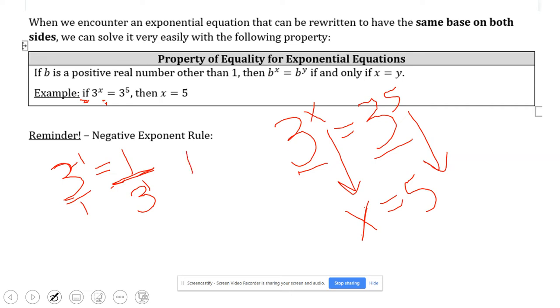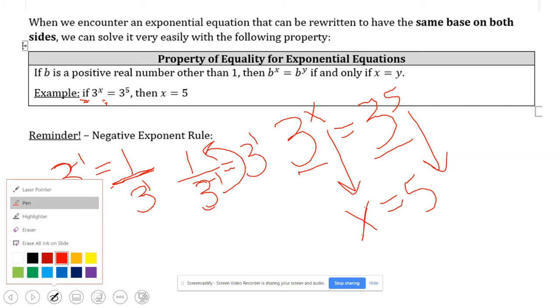If I had 1 over 3 to the negative first, remember that negative takes it and flips it, the reciprocal, and makes that 3 to the positive first.